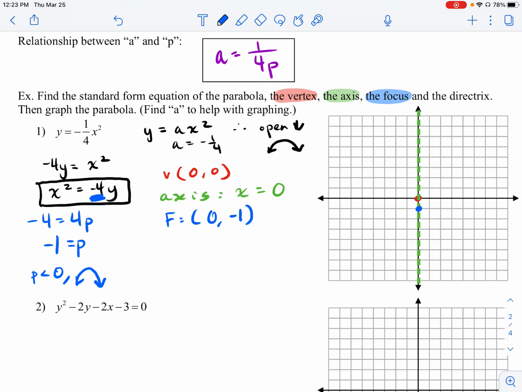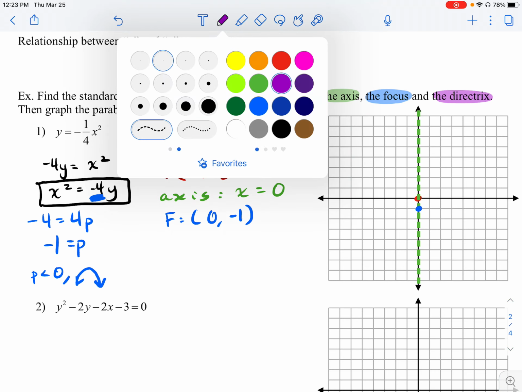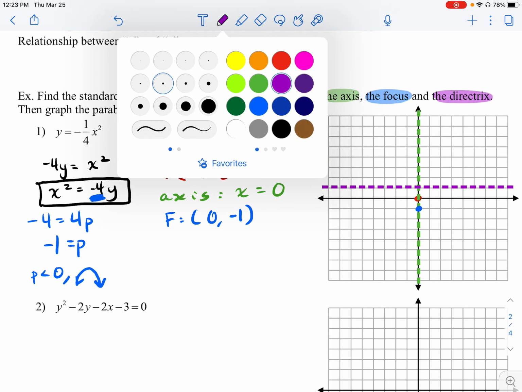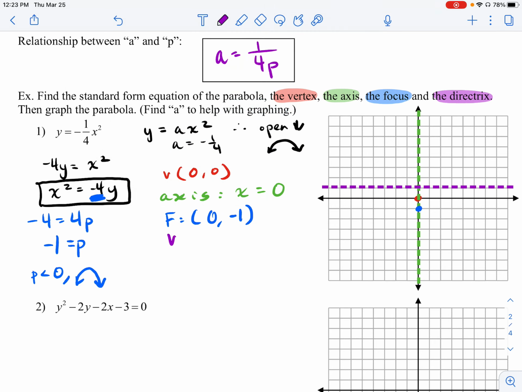All right. Since now we know our focus, we can do our directrix pretty easily. The directrix is going to be on the opposite side of the vertex. It is a line, not a coordinate, so y is equal to 1.